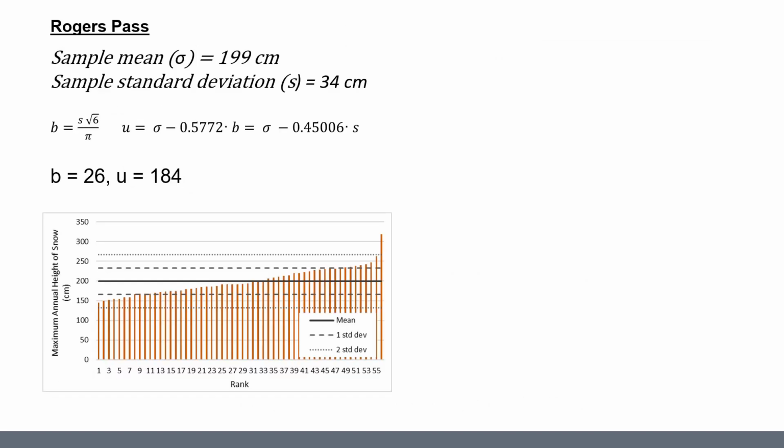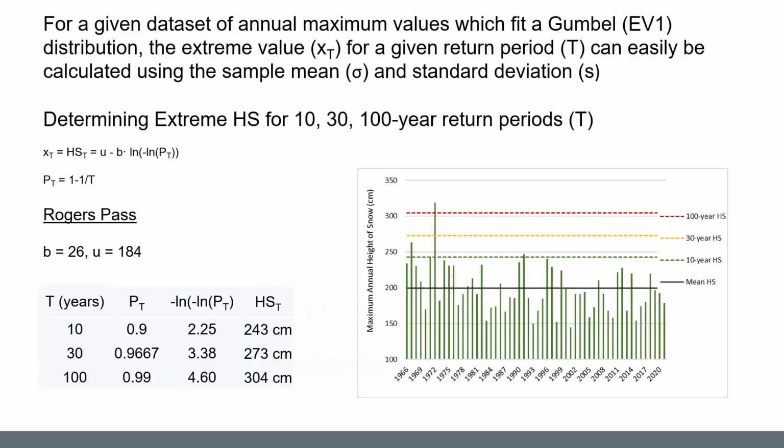So back to Rogers Pass. If you go through the calculations, you get a B of 26 and a U of 184. Taking those numbers and plotting them back into this formula for X for an event, we can calculate the values for any given return period.